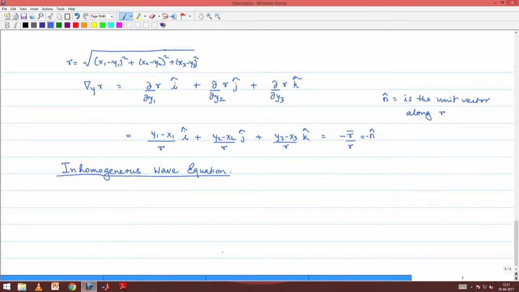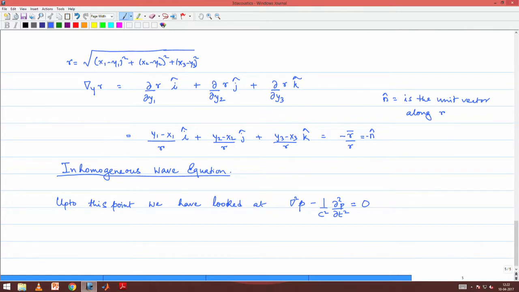Till now, up to this point, we were looking at the solution of the homogeneous wave equation, which we derived in its full entirety as del square p equals 1 by c square del 2 p by del t 2. It is a homogeneous equation because if you transfer this term to the left hand side, all quantities associated with the unknown p are on the left, and the right hand side is left with a 0, right.